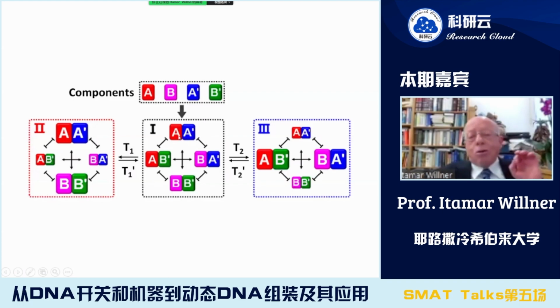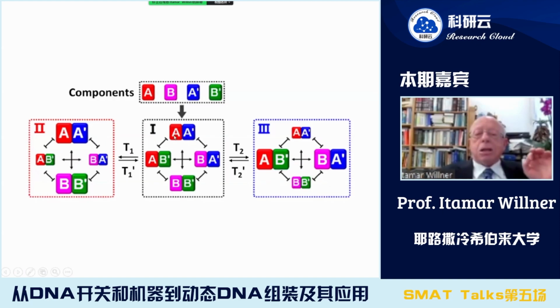Now, all these four constituents exist in equilibrium. Let's say that we take a trigger T1, and T1 stabilizes, for some reason, let's say constituent AA'.